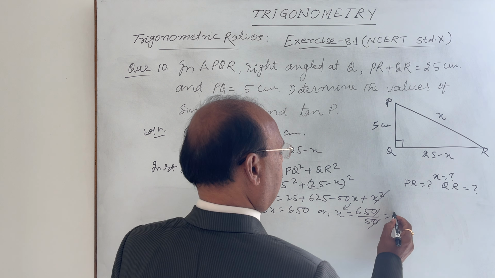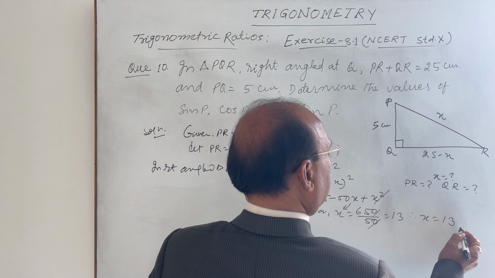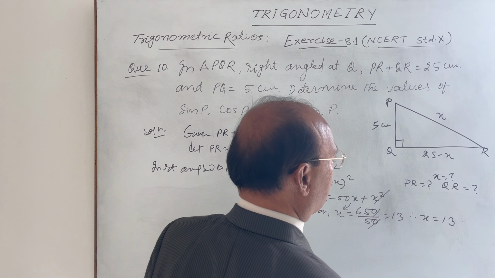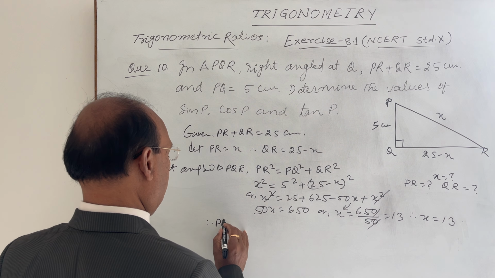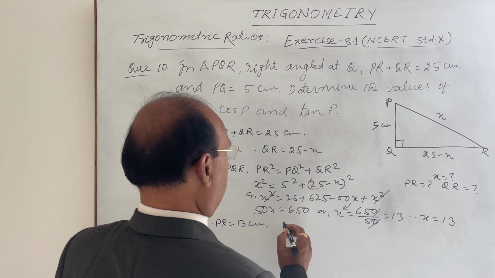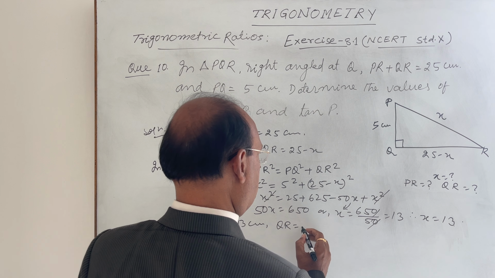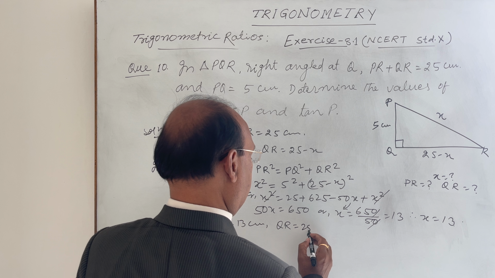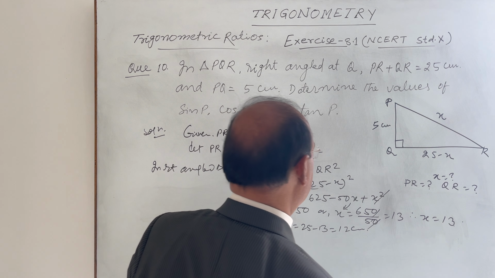This is equal to 13. So here we are getting X is equal to 13. Therefore PR is 13 centimeter and QR is 25 minus 13, this is equal to 12 centimeter.